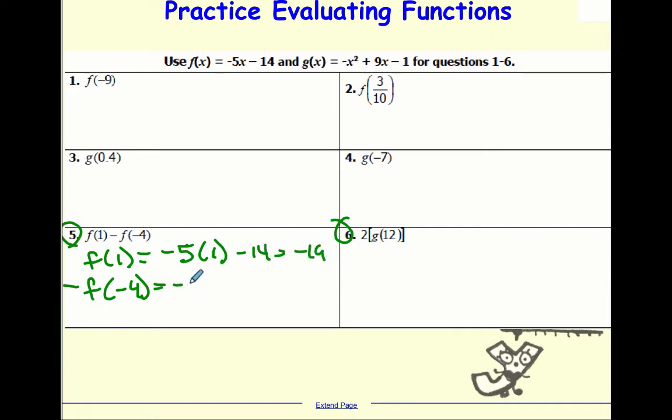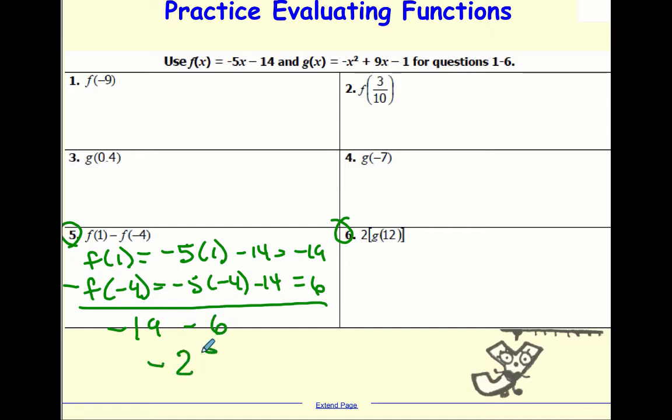And then we have negative 5 times negative 4 minus 14, which would be 6. And now we have to do negative 19, which is our f of 1, minus 6, which is our f of negative 4, and we get negative 25.